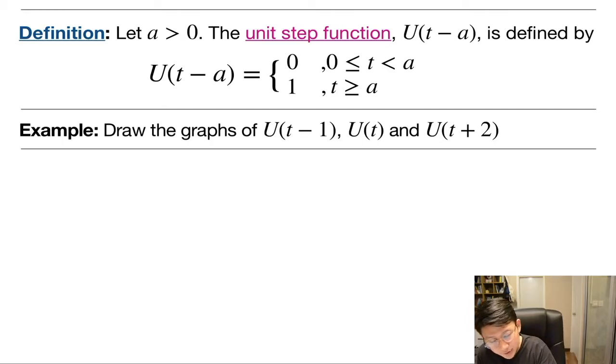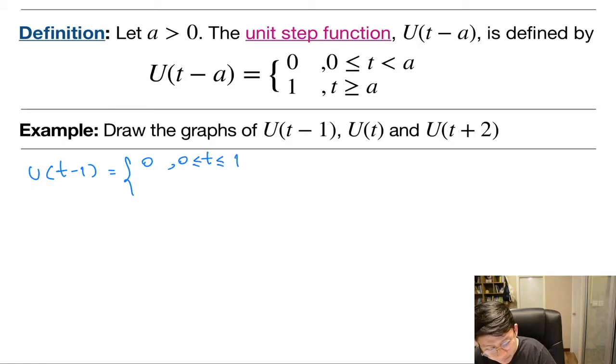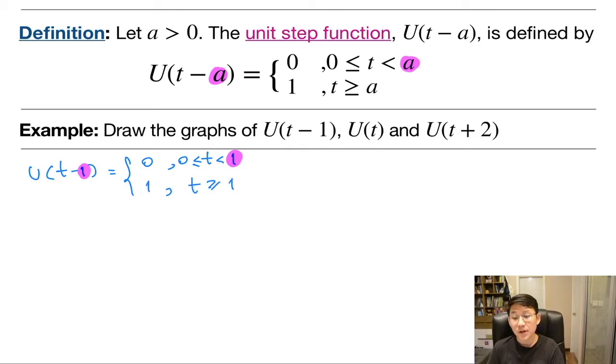Okay, so guys, u(t minus 1) would be 0 if t is less than 1. Right now, don't forget, guys, our a is 1. Okay, our a now is 1, and it will be 1 when t is bigger than or equal to 1.